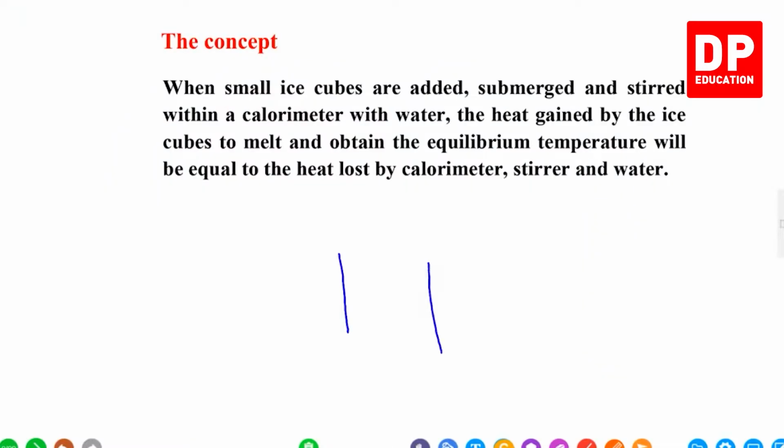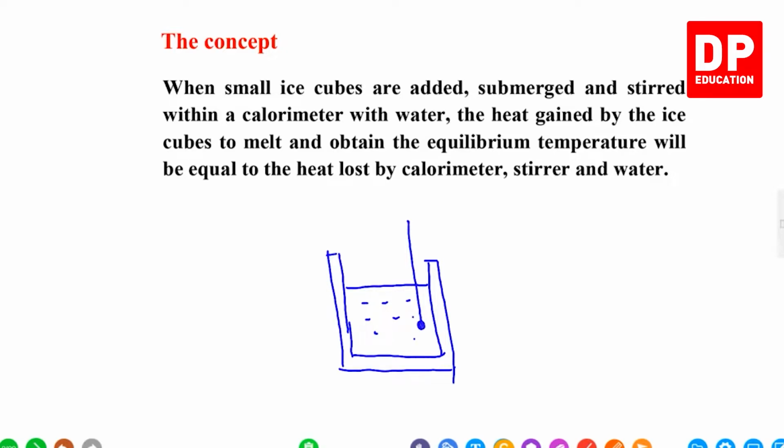We take a calorimeter, do proper lagging, that means insulate it, fill it with water, have a thermometer, have a stirrer, and you drop the ice cubes into this.